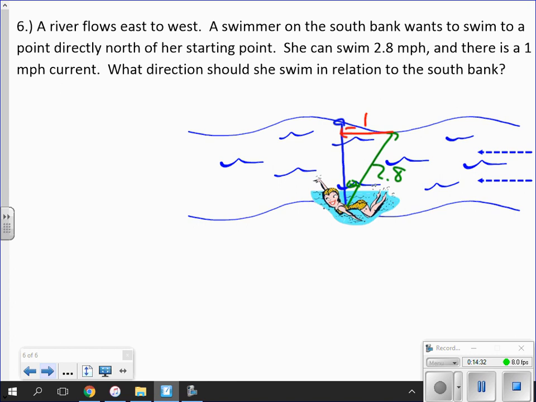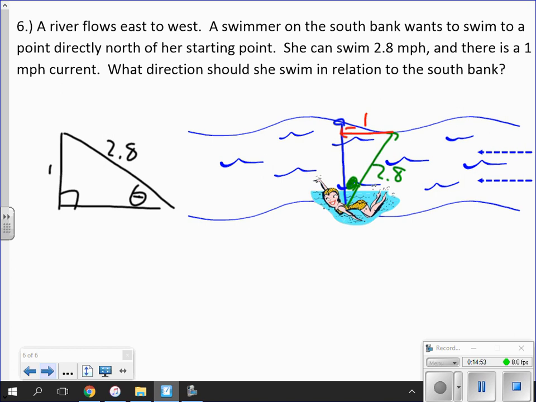So we're looking for this angle right in here. Let's set up a triangle. We want this angle here. This is 2.8 and this is 1. What's my angle?